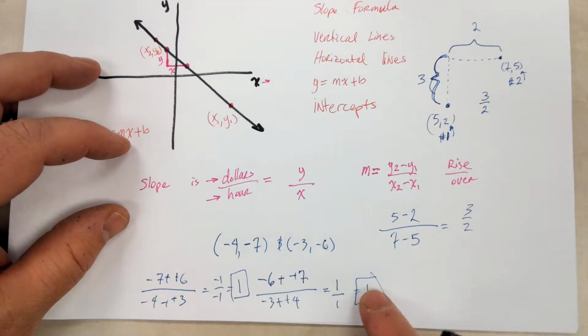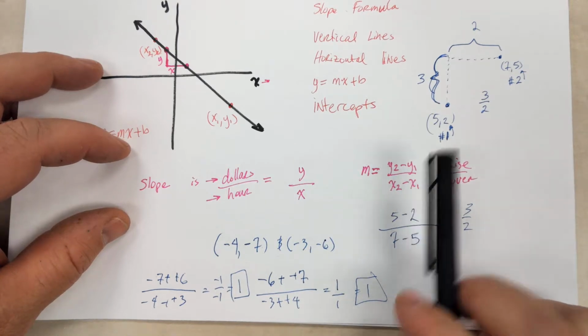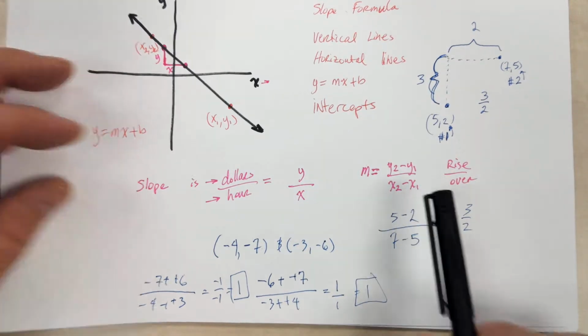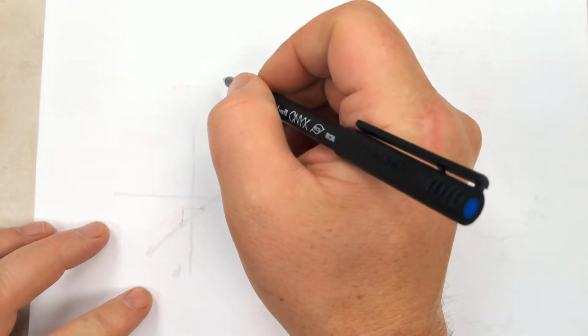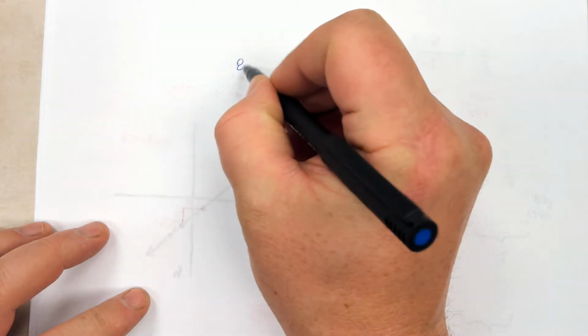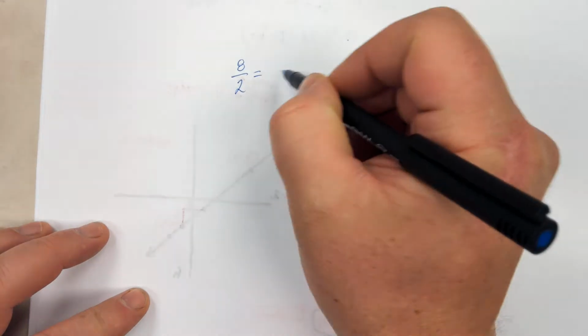There's one other thing that can get tricky about using this formula. That's 8 divided by 2, right?